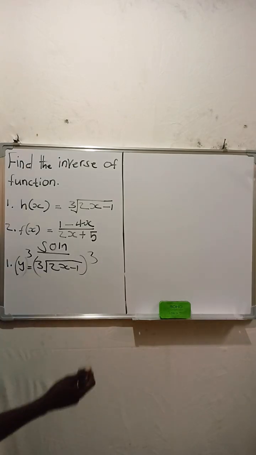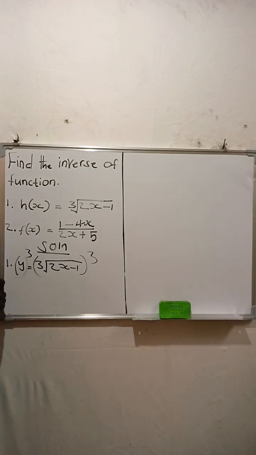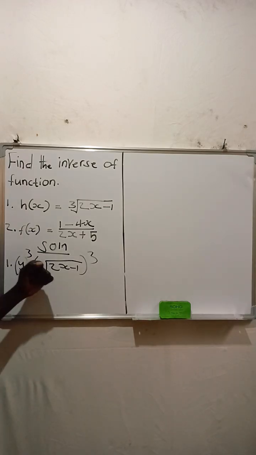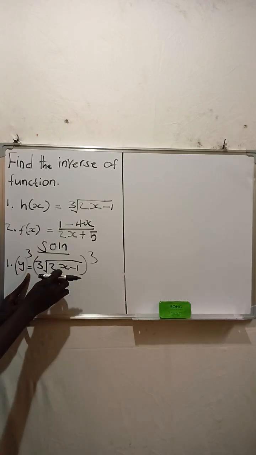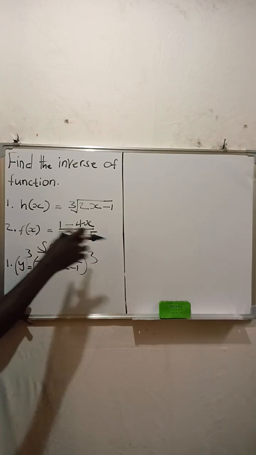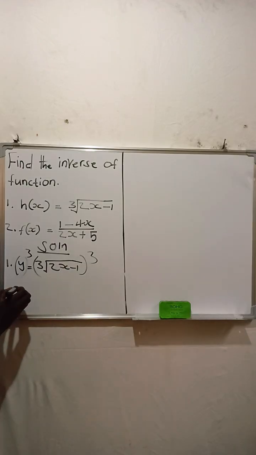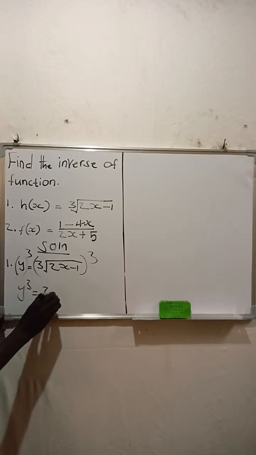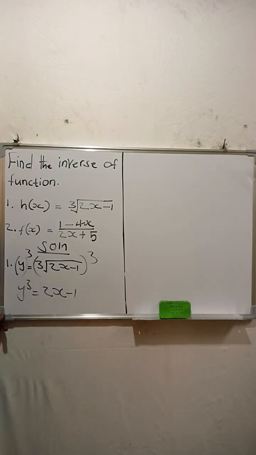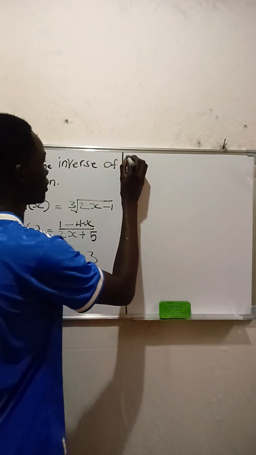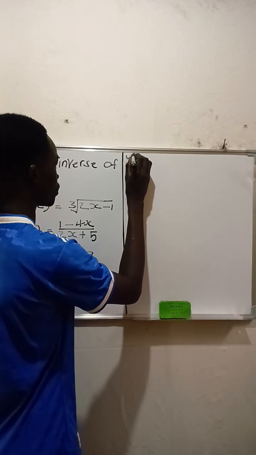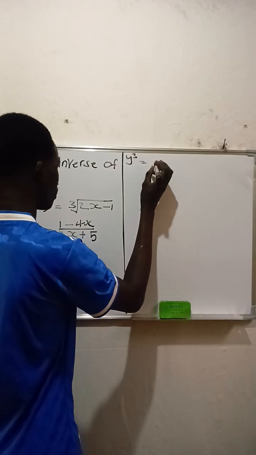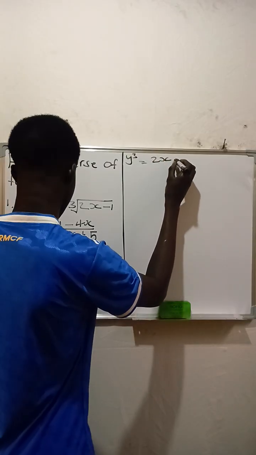On the left hand side we have y cubed, equal to, on the right hand side, 2x minus 1, because cube root and cube cancel. So y cubed is equal to 2x minus 1.